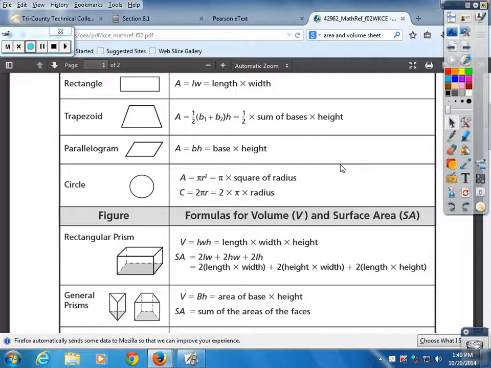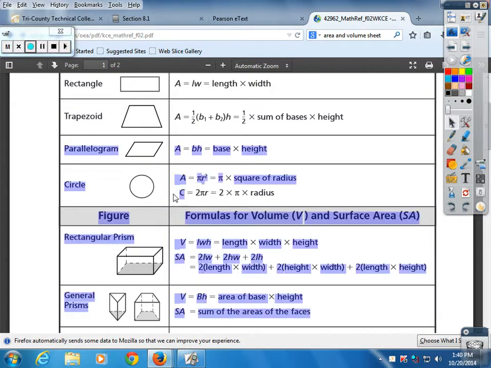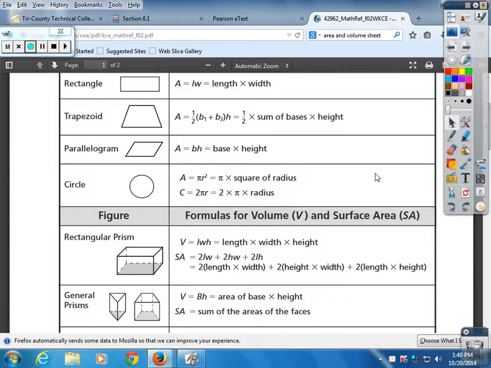So if it does not specify 3.14, you need to use the pi key and round at the end of the problem. So there's your area of a circle, and there's your perimeter of a circle.